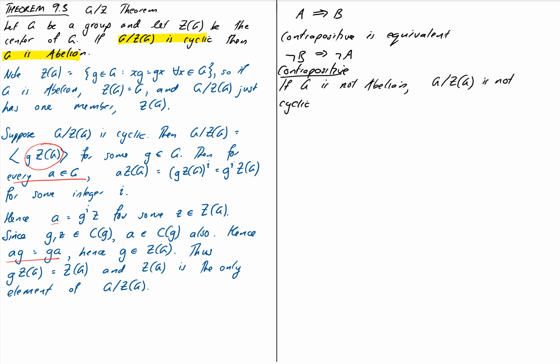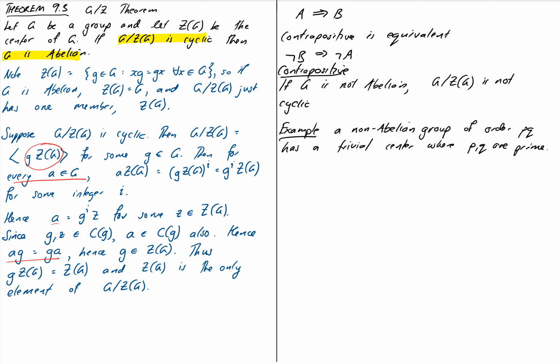Well, let's look at a little example. An example where we can use this contrapositive form is: a non-abelian group of order PQ has a trivial center, where P and Q are prime. How does this work? Well, if we have a non-abelian group of order PQ, the center of our group is a subgroup.